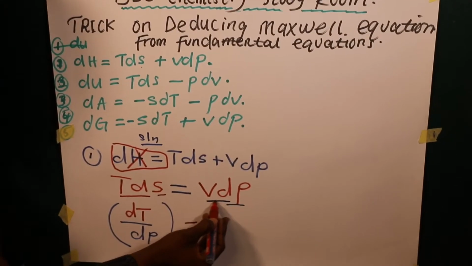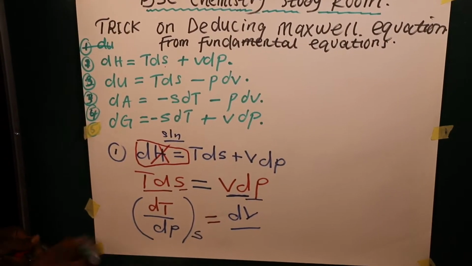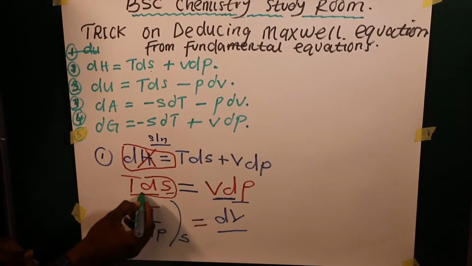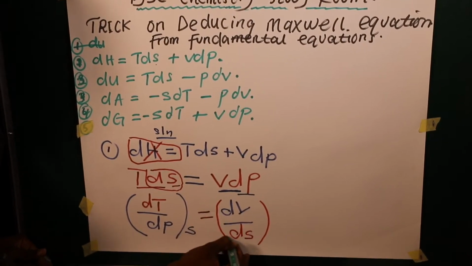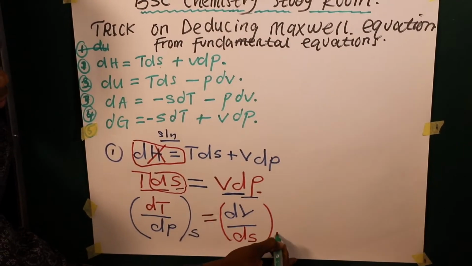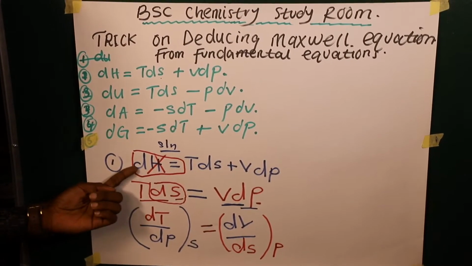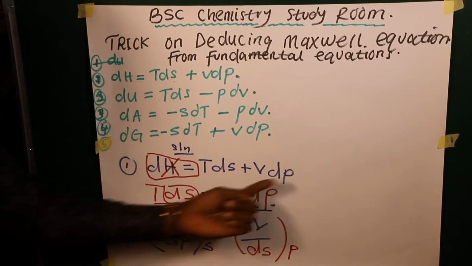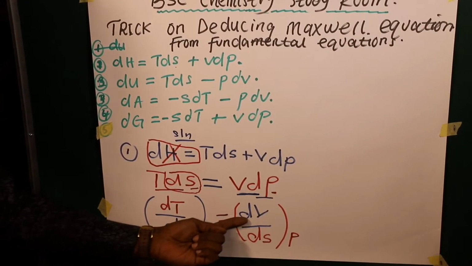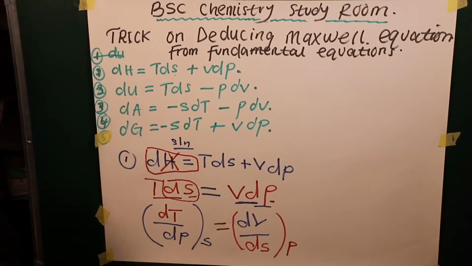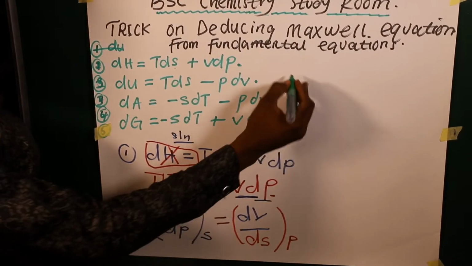Now we take the first two variables in the second part of the equation, the dV, and we divide it by the last two variables in the first part of the equation, that is the dS. We close the bracket with respect to P. So this is the simplest way to deduce the Maxwell equation from this fundamental equation. It gives (dT/dP) with respect to S is equal to (dV/dS) with respect to P. Very simple. So now let's move to number 2.